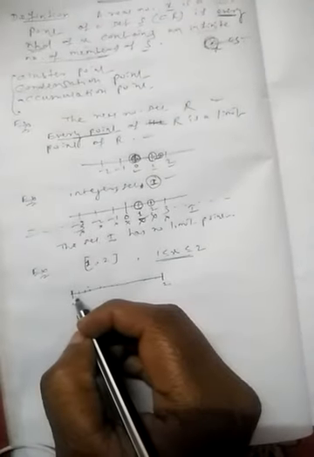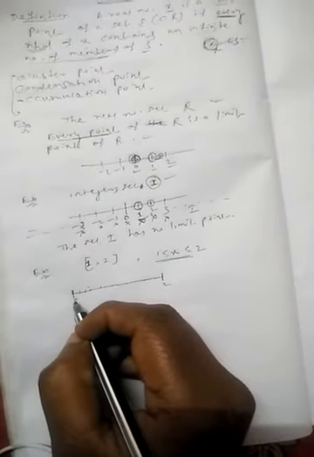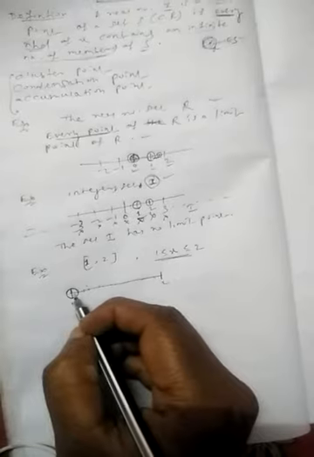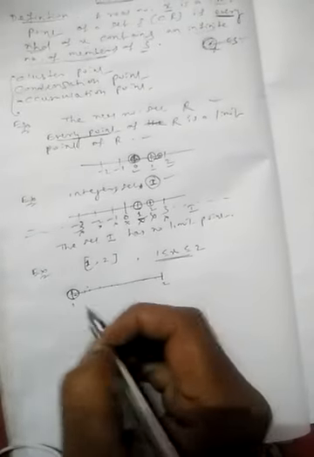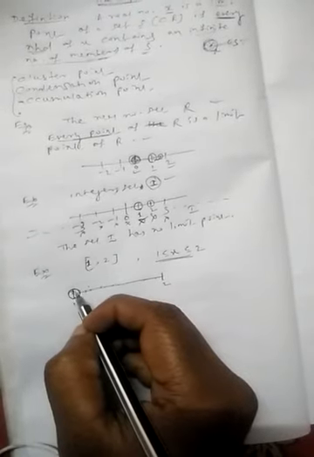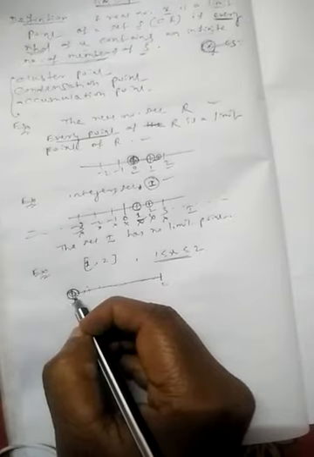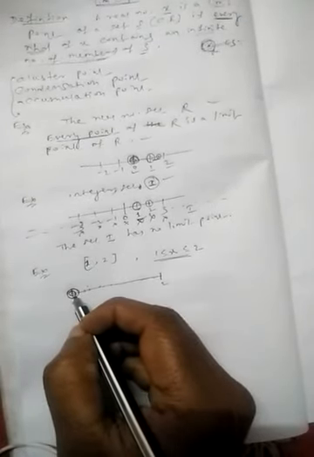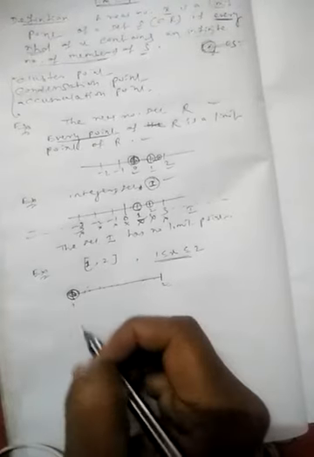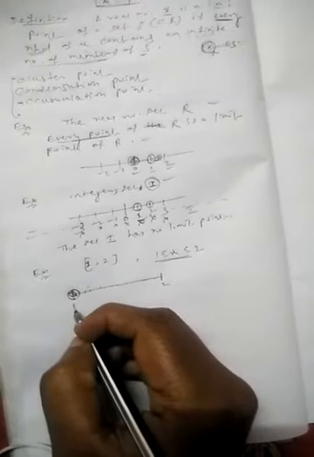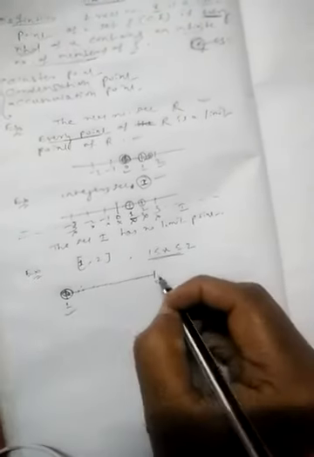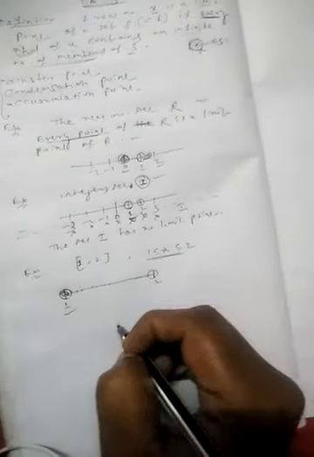So if I check for 1, then I draw a neighborhood. It contains so many real numbers. Again, if I check for 2 and draw a small neighborhood, it also contains so many real numbers here. So 1 is a limit point. Similarly 2 is also a limit point.